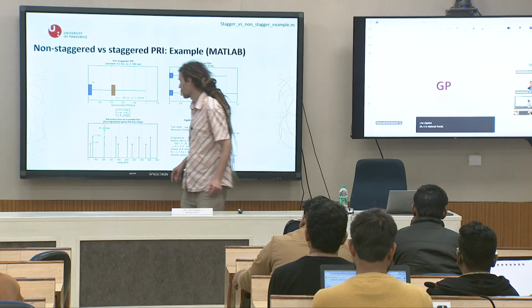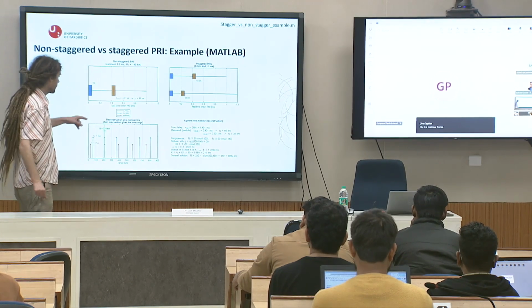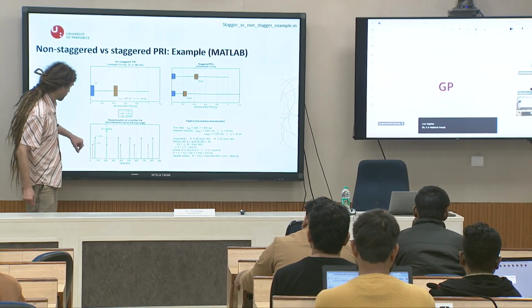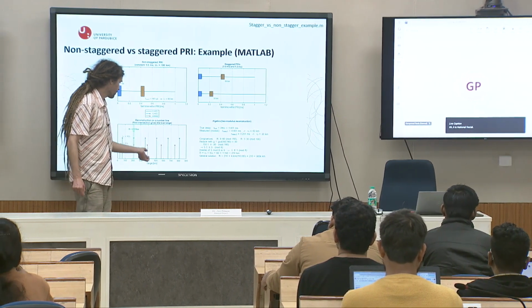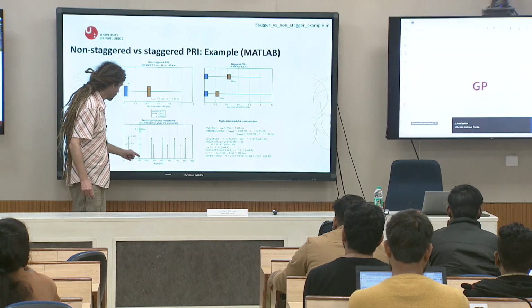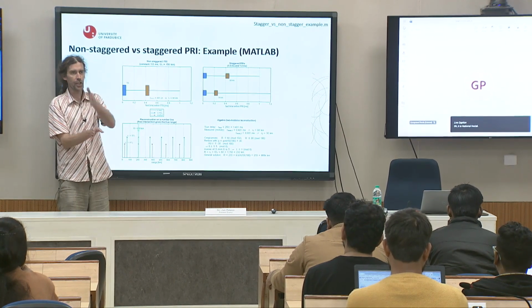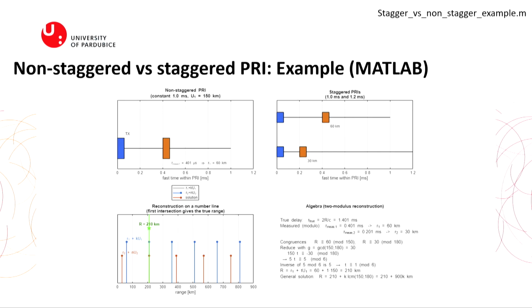And there is a reconstruction of numbers. So you can see one value, second value, one value, second value, and so on. And where they meet each other, it is the solution of our equation. It is 210 kilometers, you can see this one.